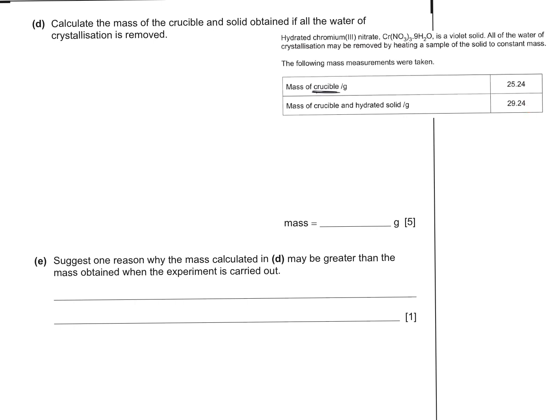So that's 4 grams. This can be converted to moles. That's 0.01. So all I've done here is worked out the MR of this part, and then I've added on 9 times 18. So the total MR, or RFM, is 400.